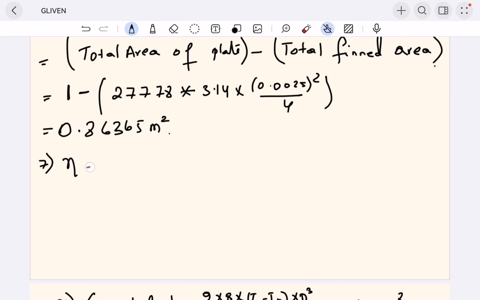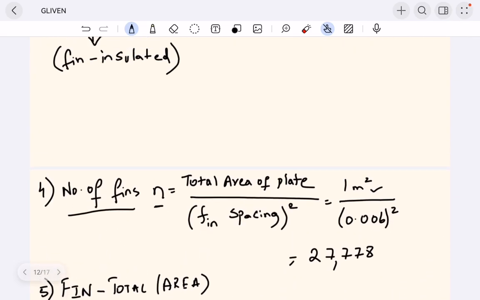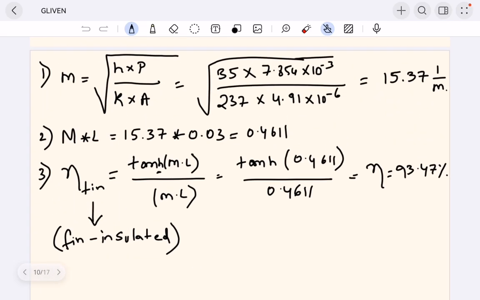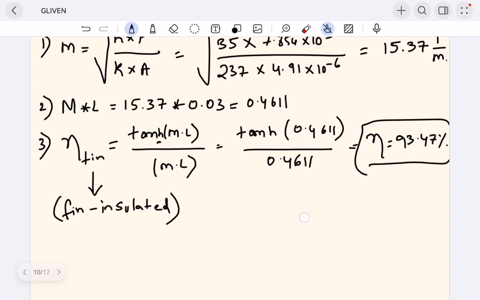Now let's calculate the efficiency. Efficiency is equal to the heat transferred by the fin area divided by the maximum heat transfer from the fin area. Now I know the efficiency because I have calculated it before, 93.47%, right? In step number 3, you see the efficiency is calculated here, right?